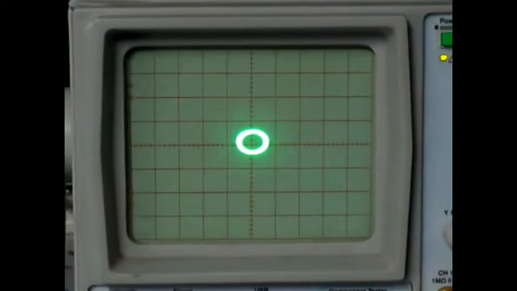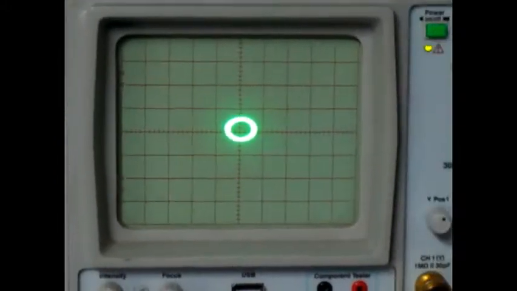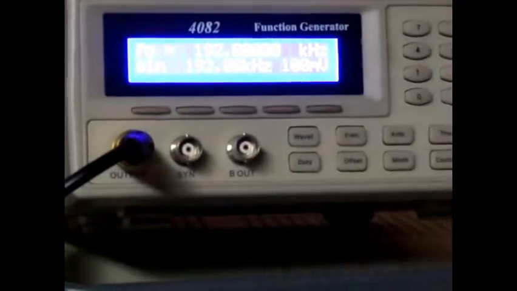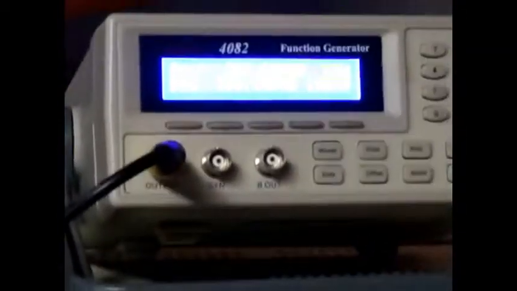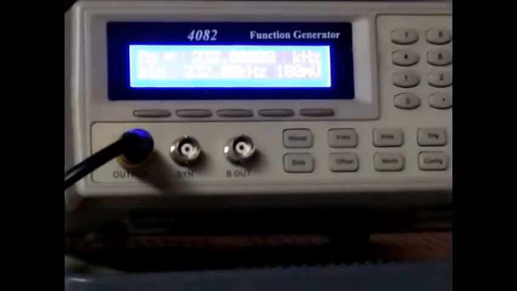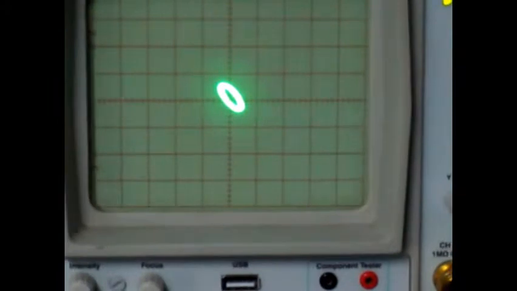And now we can see the ellipse becomes a circle at a point corresponding to 90-degree phase shift. We can see this from our phase versus frequency plot. And if we increase the frequency further, the ellipse shifts in the opposite direction, and still the calculations are made.